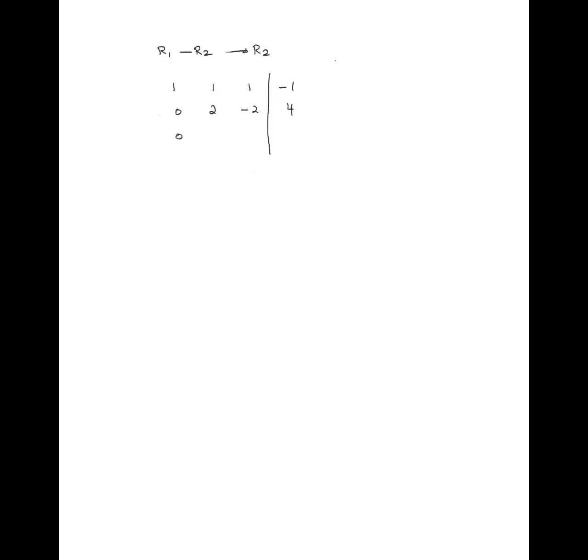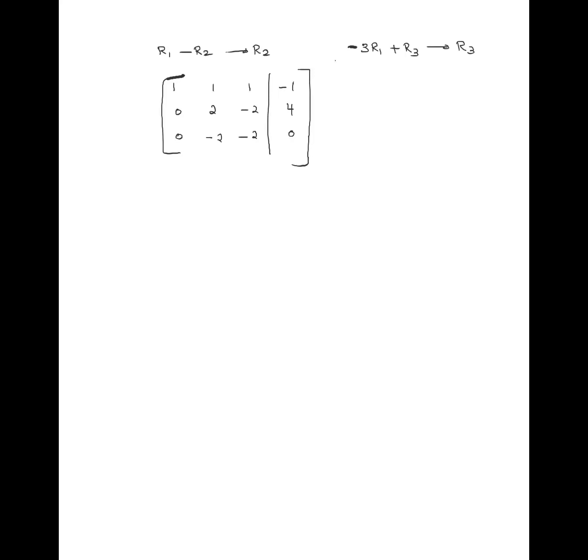And then I'm going to write down what I did for R3. So R3 is going to be negative 3 R1 plus R3. That goes to R3. Okay, so now we have to see.